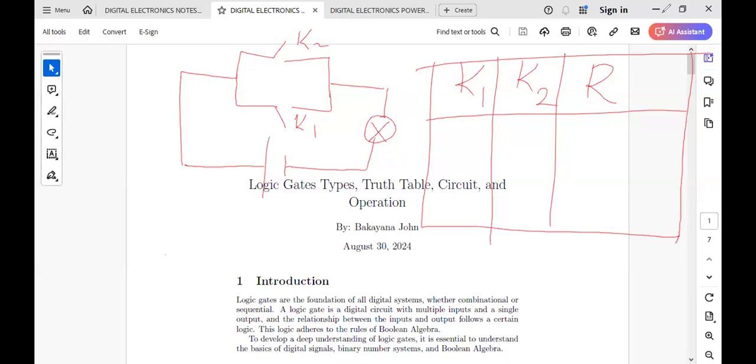What happens if K1 is, remember the possibilities, it is either open and this one open, or this open, this one closed, or this one closed, this one open, or both of them are closed. So what is the result? If both are open, someone tell us what is going to be the result with a bulb. Remember, with a bulb, it can either be on or off. That is the result we are talking about.